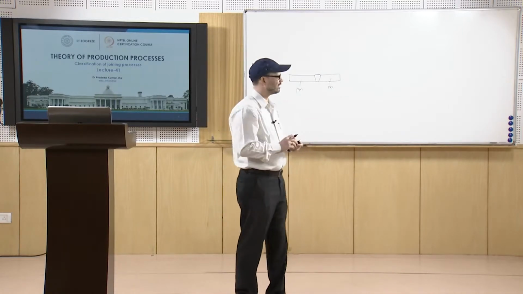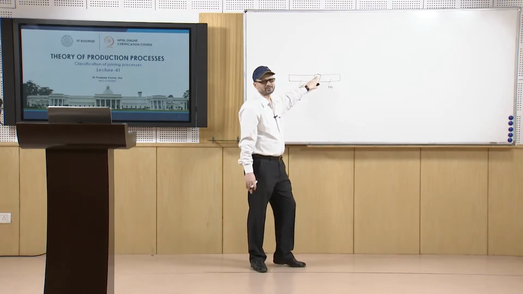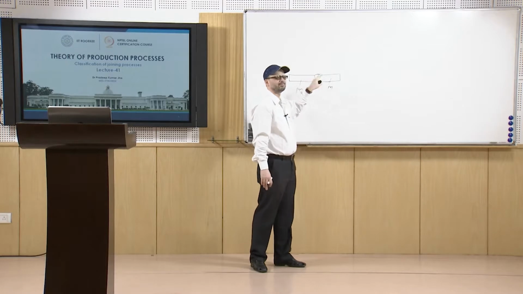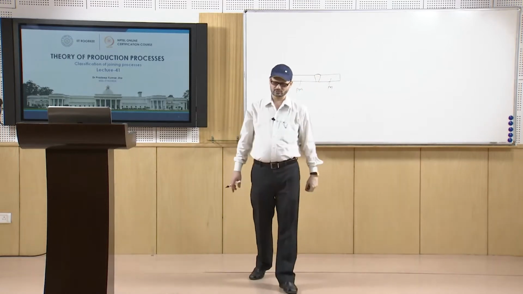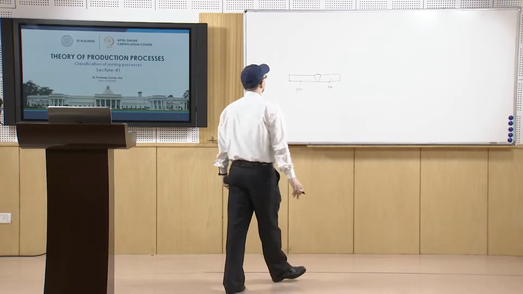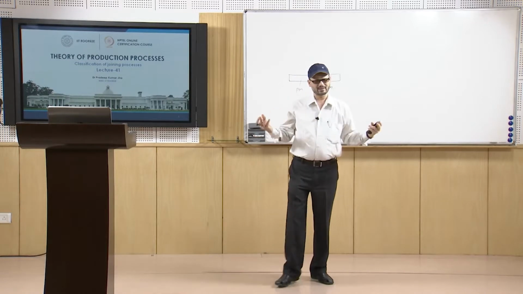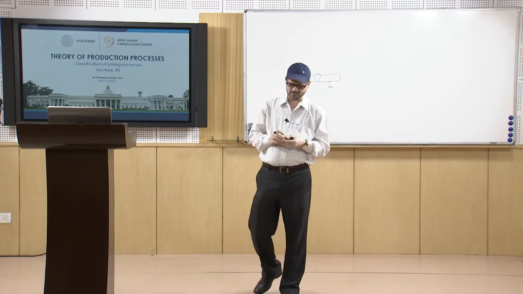In the case of soldering and brazing, we use either solder material or braze alloys. In the solder you have tin lead alloys, or in the braze you have silver based alloys, and you have copper and so on used in the case of brazing.